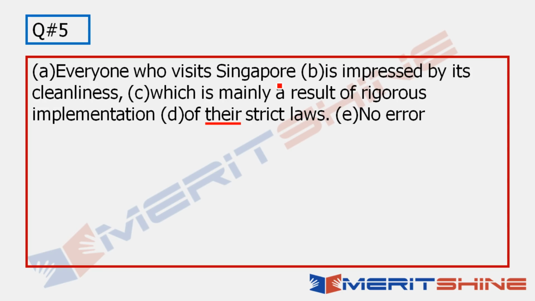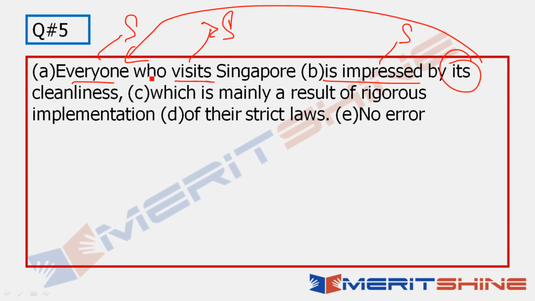Everyone who visits Singapore is impressed by its cleanliness, which is mainly a result of rigorous implementation of their strict laws. So everyone, singular, who visits, singular verb, is impressed, singular, by its cleanliness. So Singapore is being referred to here, so the pronoun is also fine.